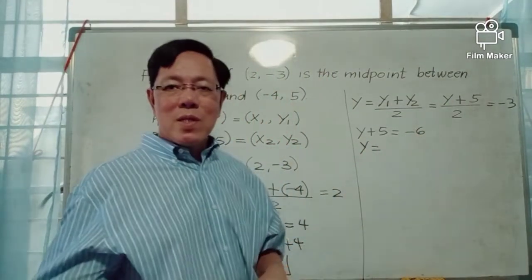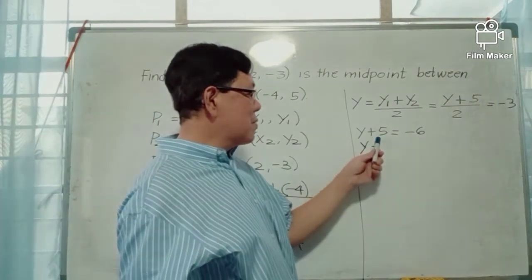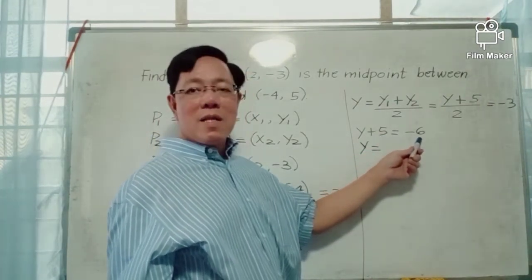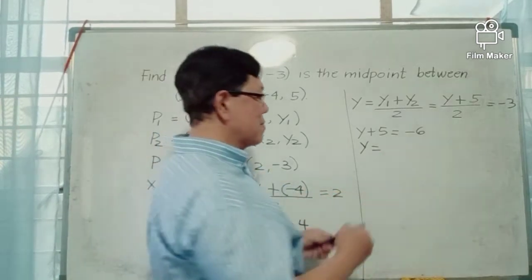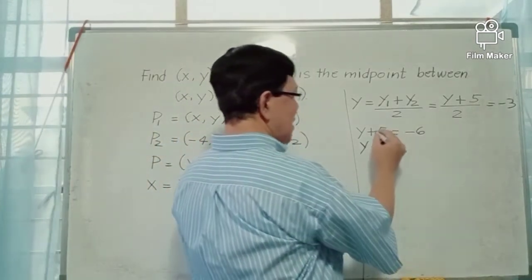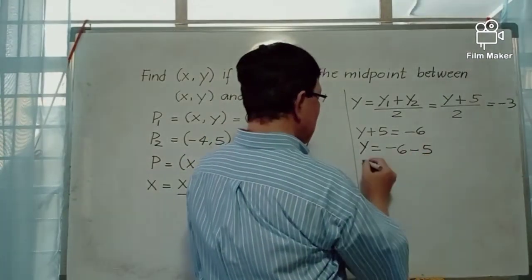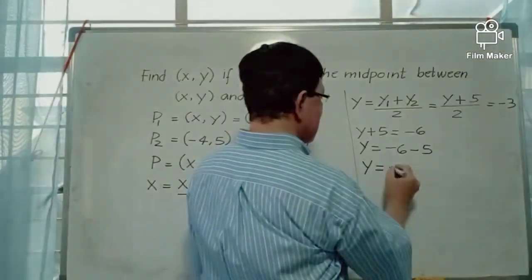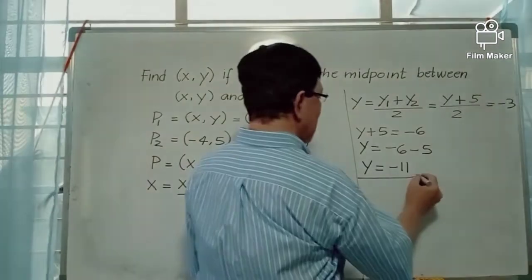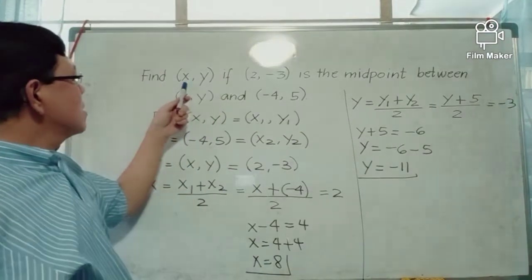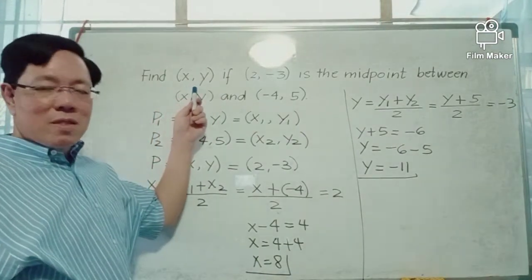And finally, we transpose positive 5 to the other side. From the right-hand side, we have negative 6. 5 transposed to the right is negative 5. Therefore, y equals negative 11. This is the ordinate of the point xy that we want.